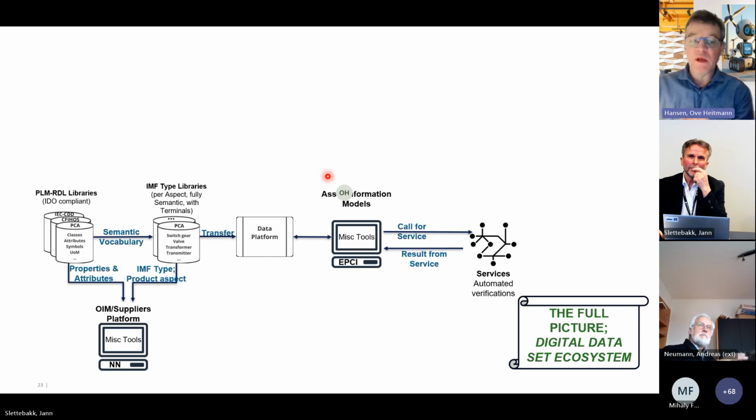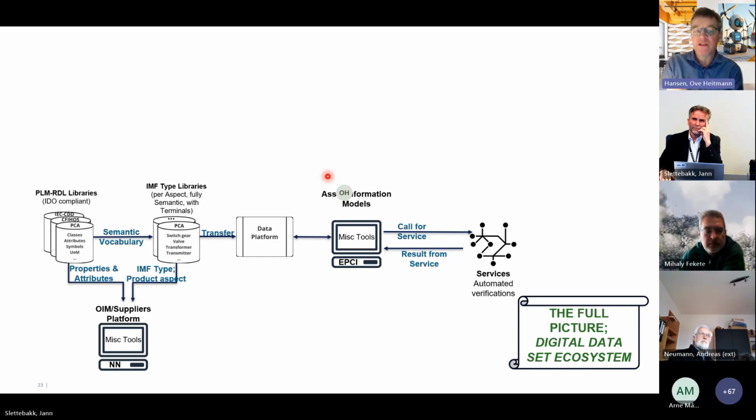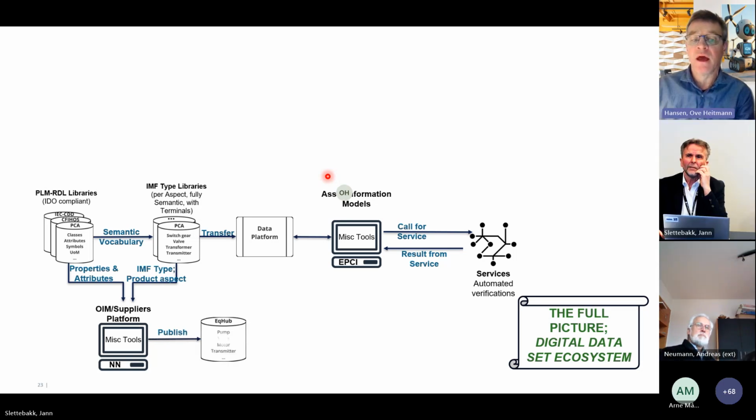And then we would like to make those suppliers' data sets available for the industry. And to demonstrate this, we have had a close collaboration with Aker in offshore Norway, and make sure that we can publish those equipment data sets and make them available for the industry.